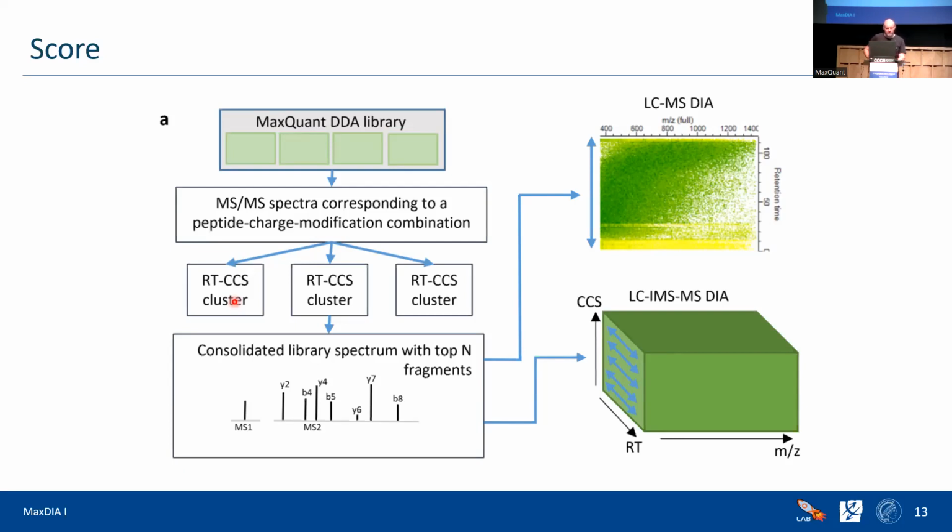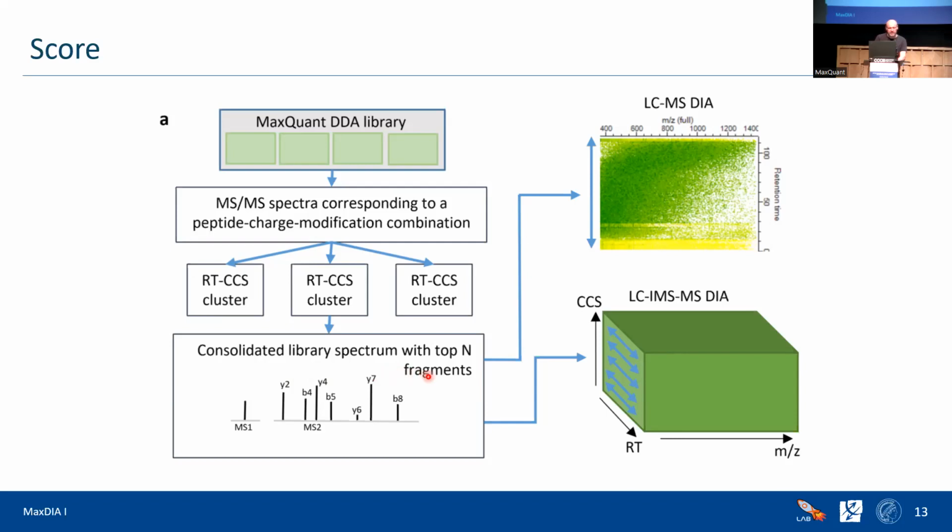That's why we first go to these clusters, of which you can have more than one per peptide, charge, modification state. And only these are then averaged, and the results of this averaging are the so-called consolidated library spectra.